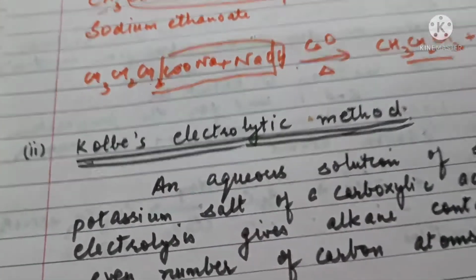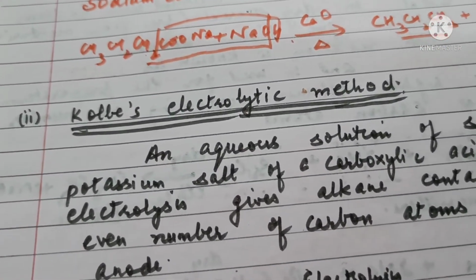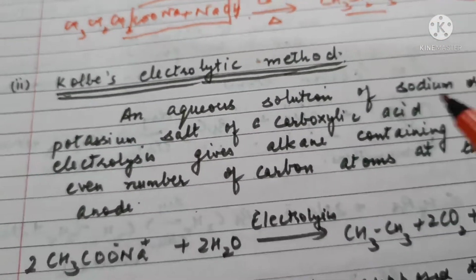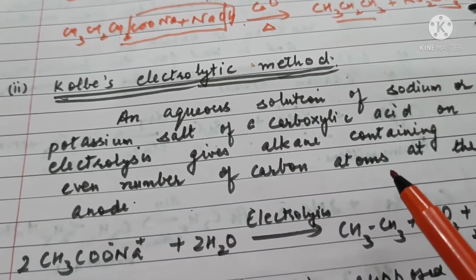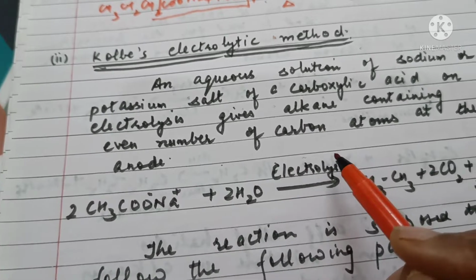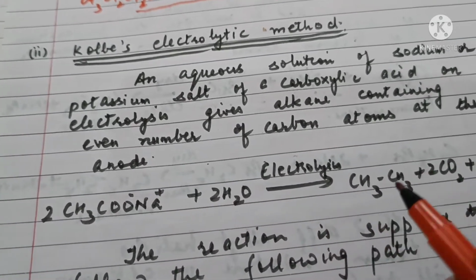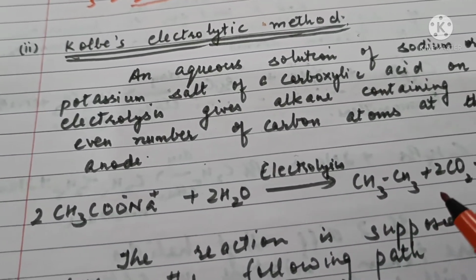Kolbe's electrolytic method. In this we carry out electrolysis of an aqueous solution of sodium or potassium salt of carboxylic acid. So on electrolysis, an alkane will be formed with an even number of carbon atoms.